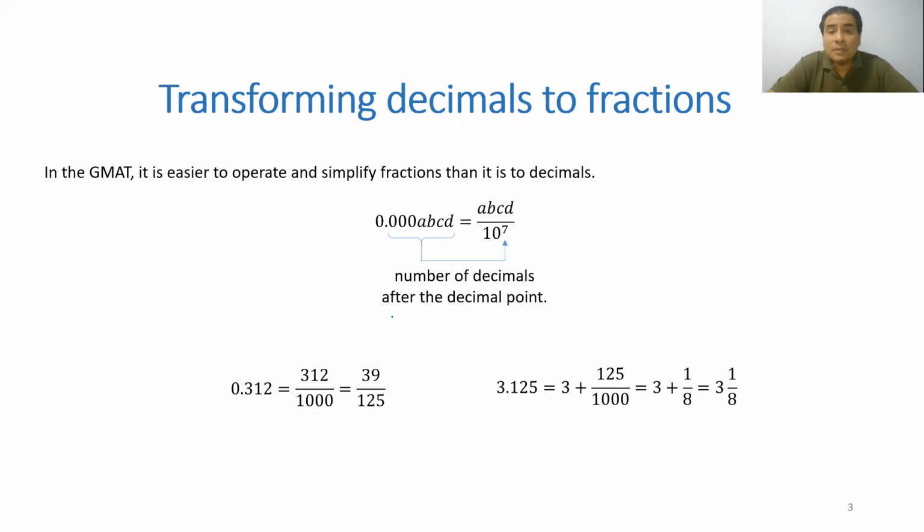So let's evaluate how to change a number like this, which is a terminating decimal, right? That means a decimal with a given number of decimal digits. So here, how many decimal digits can you count in this fictitious number? 7 decimal digits, 3 zeros and 4 more digits.